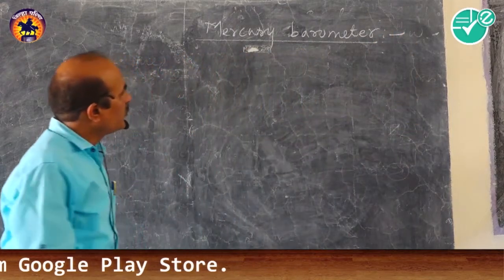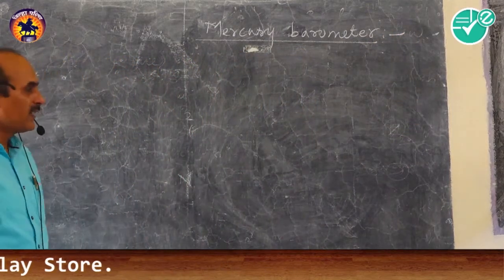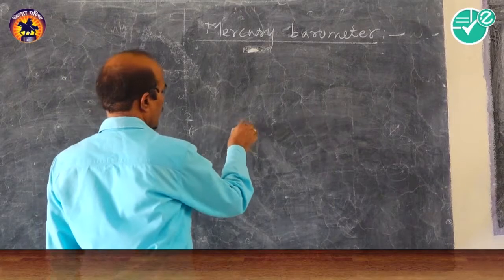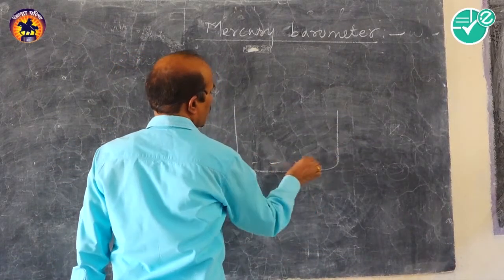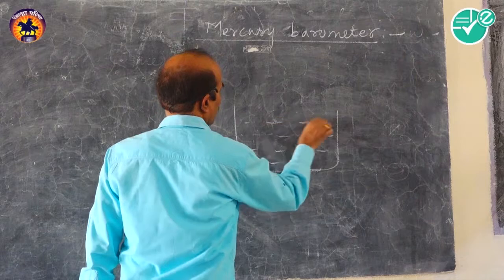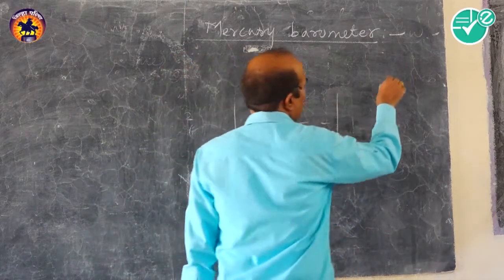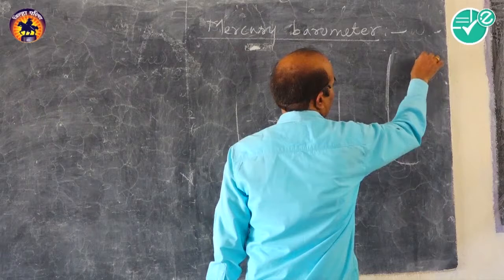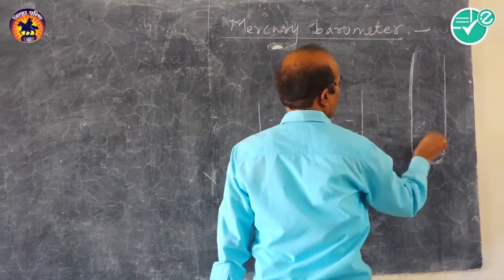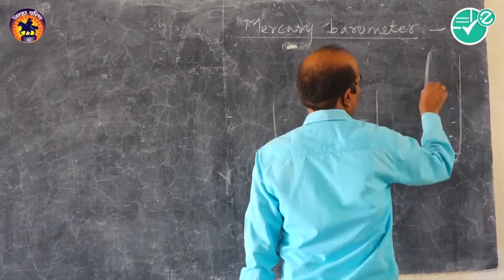The mercury barometer is a very simple device. It contains one vessel which has mercury filled in it, and a tube like this, which is again filled with mercury to a suitable height.